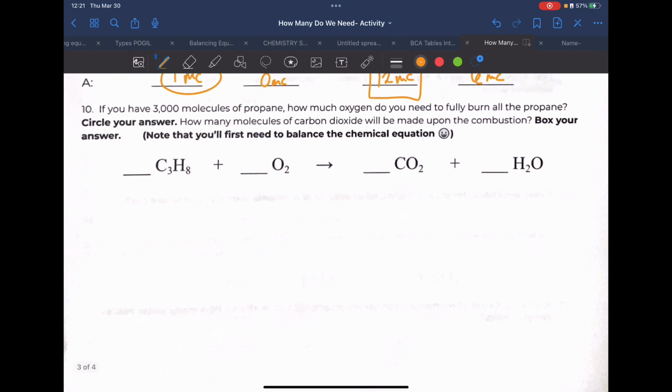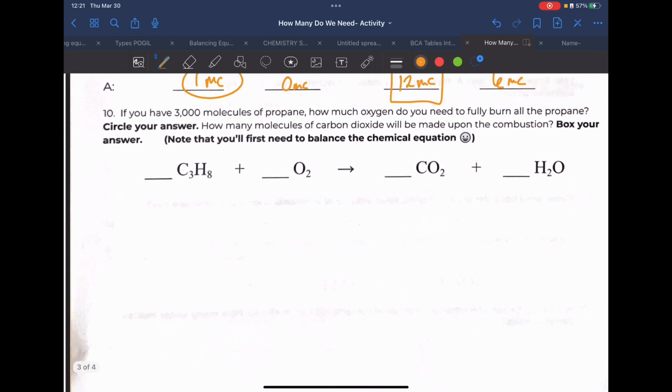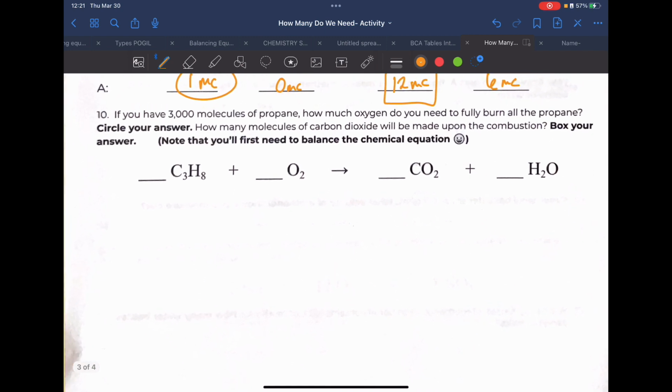What I do is, with combustion reactions, I always do it in this order. I balance my C's, and then I balance my H's, and then I balance my O's. That's just the easiest way I have found to do combustion equations specifically. So I'm going to balance my C's first.